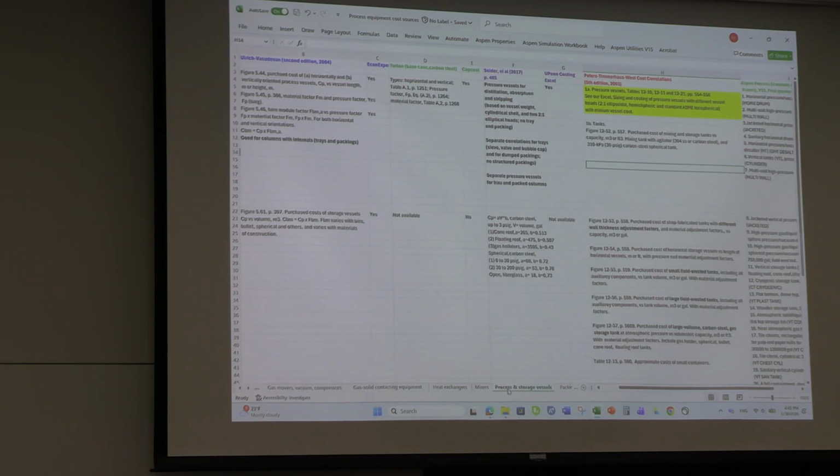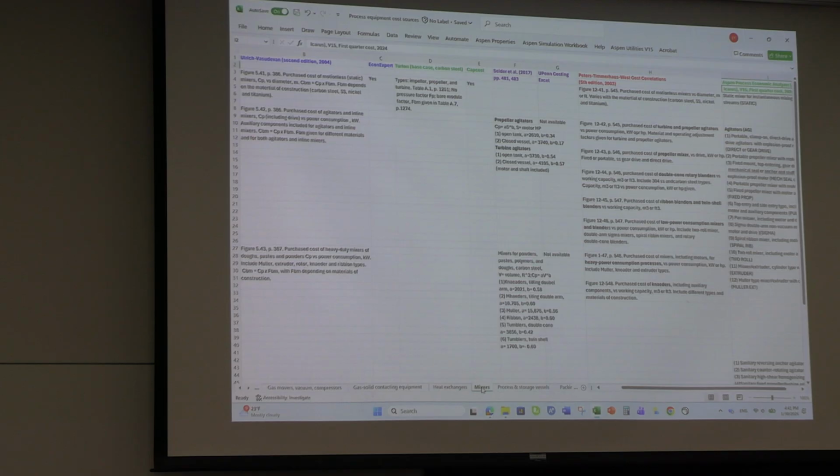Now you want more? Storage vessel. So you do the same thing. This Excel took me 2 weeks to compile. Where can you find the cost correlation? In software tools: Econ Expert, Check Cost, Excel, graphical, Aspen. Okay, so mixer, where do you find the cost?